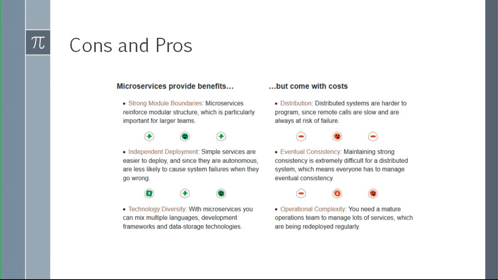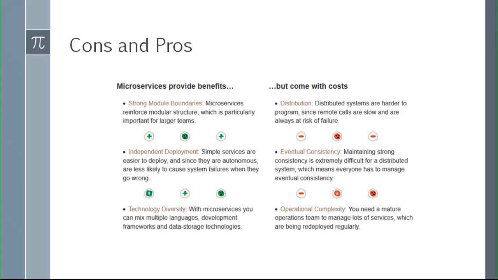Another problem in microservices architecture is operational complexity. It adds more overhead for DevOps teams, more complexity for the operation team, because they should manage a lot of services in comparison to a monolithic system where basically you have, for example, only one service, everything in one place.